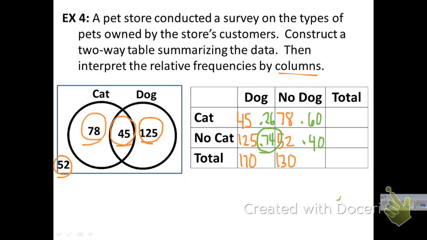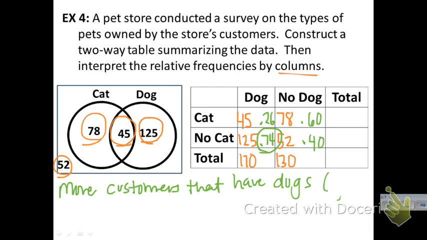I'm going to say that, let's say more customers that have dogs, we're going to say 0.74, do not have a cat.